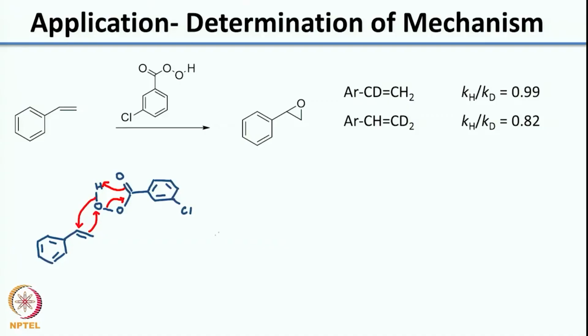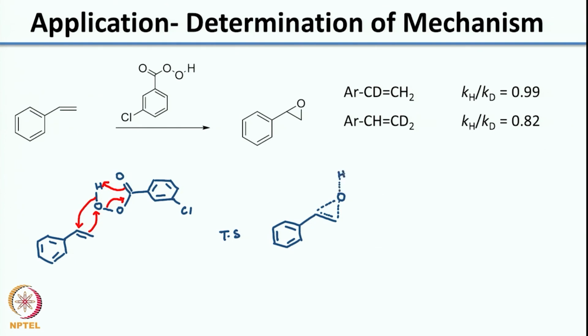People call this mechanism a butterfly mechanism. If you were to write the transition state for this, nothing happens to these bonds. The bonds are partially formed with the hydrogen.